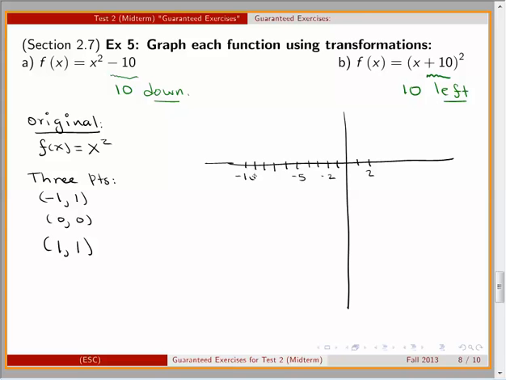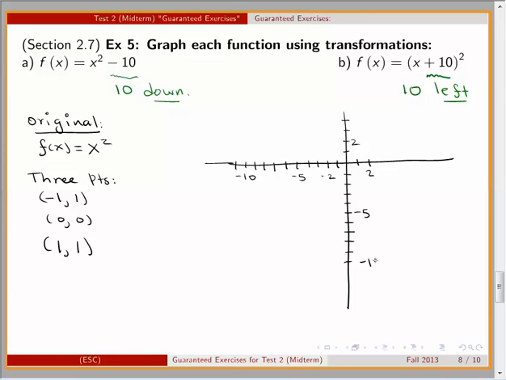Then on the y-axis I need 1, 2, and I need to go all the way to negative 10, so 6, 7, 8, 9, negative 10.